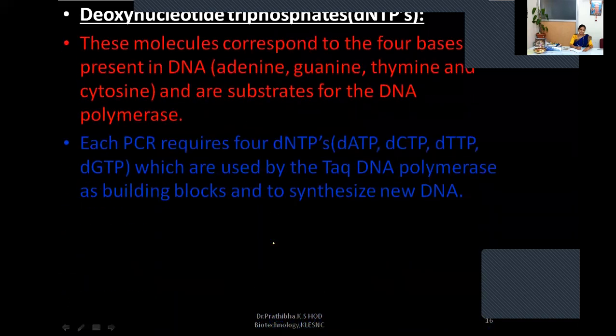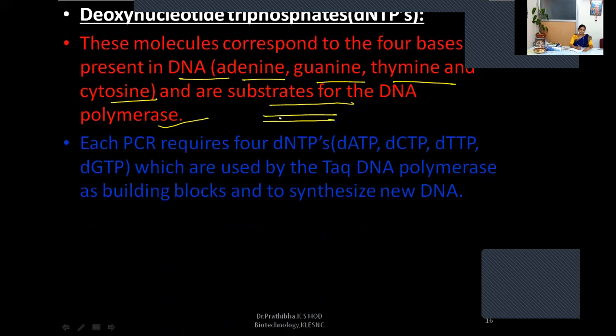Now let us understand about dNTPs. Deoxynucleotide triphosphate molecules correspond to the 4 bases present in DNA, that is adenine, guanine, thymine, and cytosine, which are substrates for DNA polymerase. In the reaction mixture, we need to provide the DNA strand, the dNTPs, then the primers, and the Taq DNA polymerase.